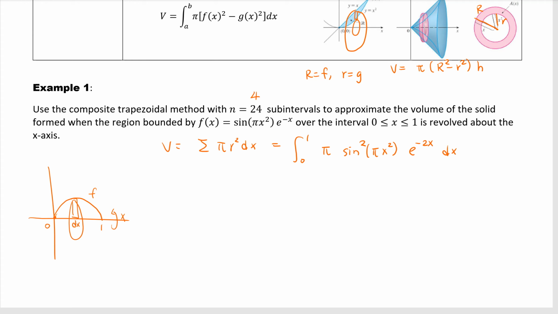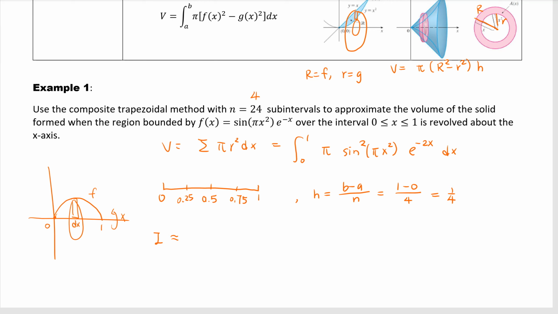We want to evaluate this integral, so we use the trapezoid rule. We have 0 to 1, divided into 4 subintervals, with points 0.25, 0.5, and 0.75. By the trapezoid rule, we have to figure out h. h is b minus a over n, where b is 1, a is 0, and n equals 4, so this is 1 over 4.